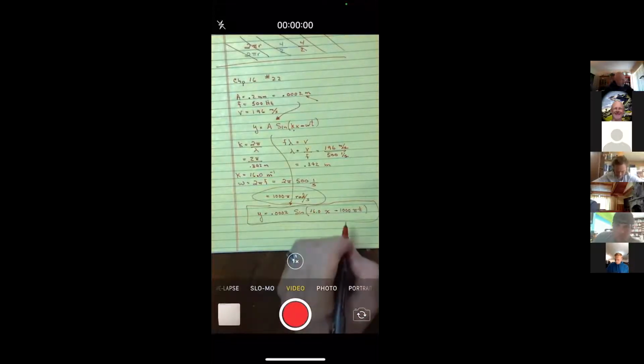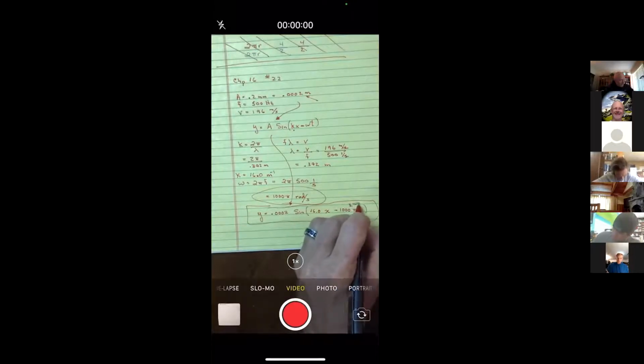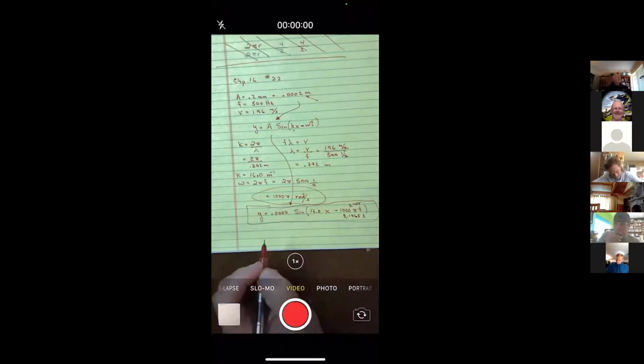Good, we got the same thing, although they did multiply this out because pi is 3.1415. So if you multiply by 1,000, that would be 3,141.5 t. So they multiplied that out, got a decimal out of it.